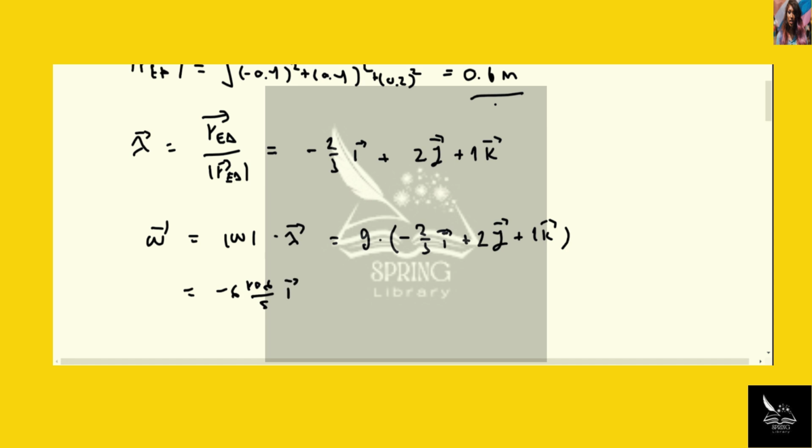All of the dimensions are in radian per second. All the vector components are in these dimensions.